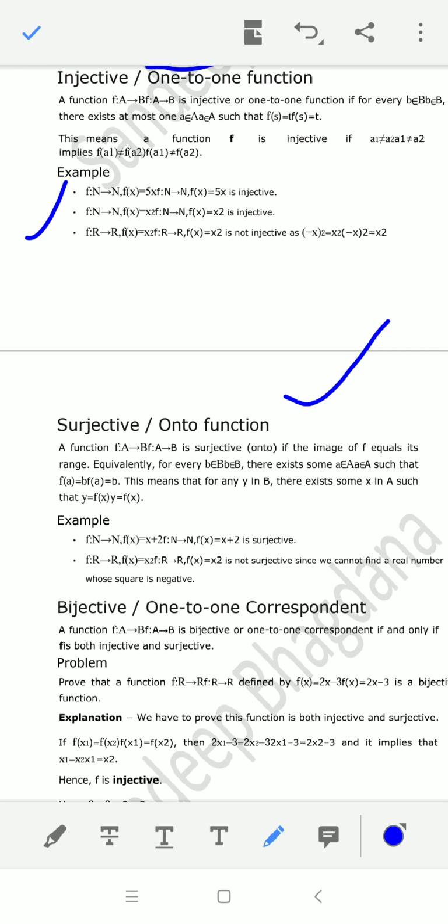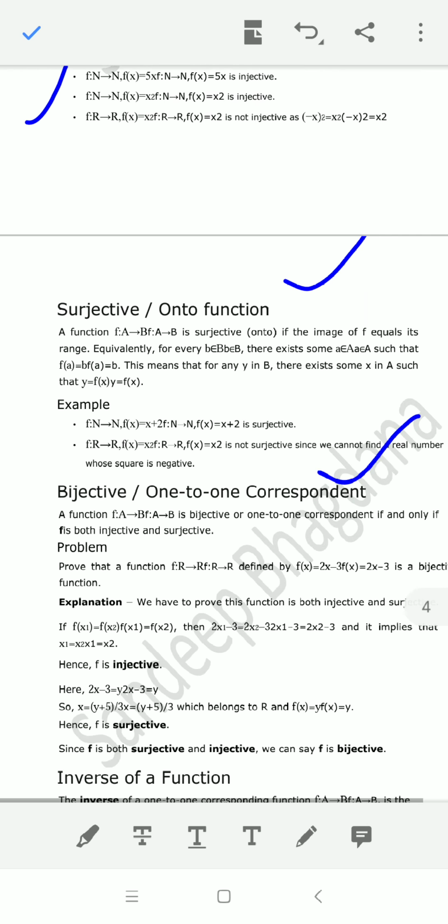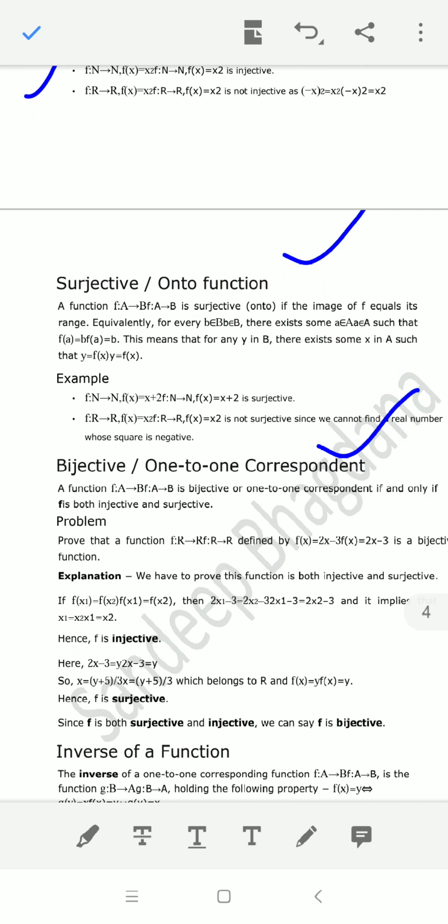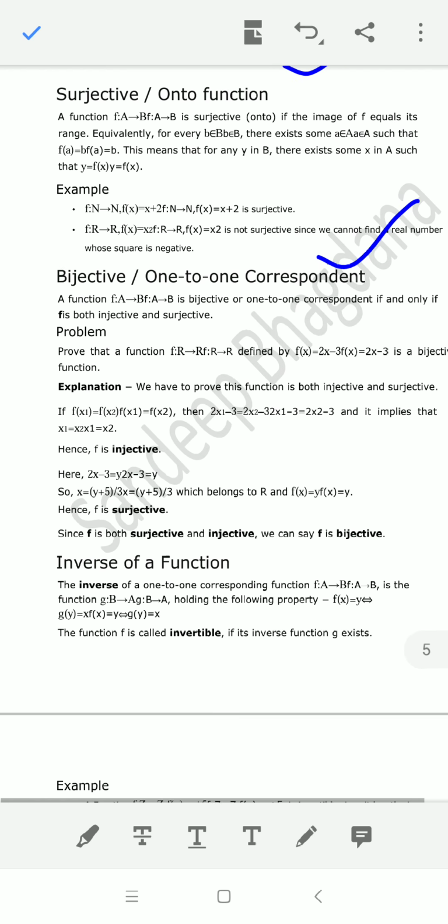This is shown here. And next, coming to the bijective, or one-to-one correspondence, it's also here. You can look here. A function f is bijective, or a one-to-one correspondence, if and only if f is both injective and surjective. That can be called a bijective function.